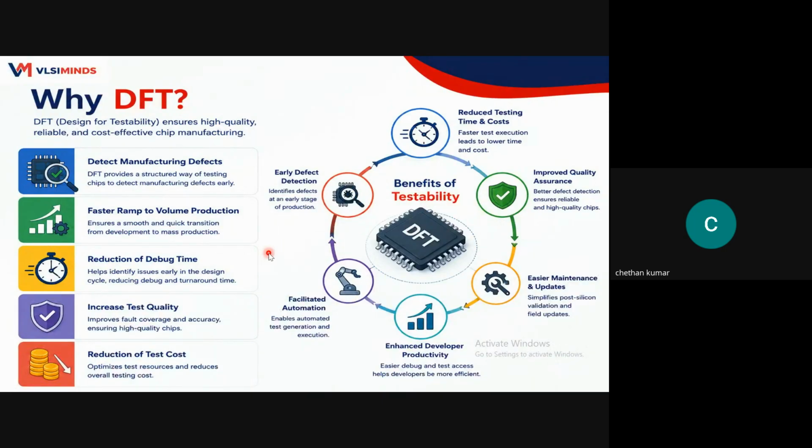So if you keep reducing that test time, the cost involvement will be low. If you increase that test time, the cost involvement will be huge. So the main challenge for the test engineer or DFT engineer is to make sure that the test time is low. That is what we need to do.